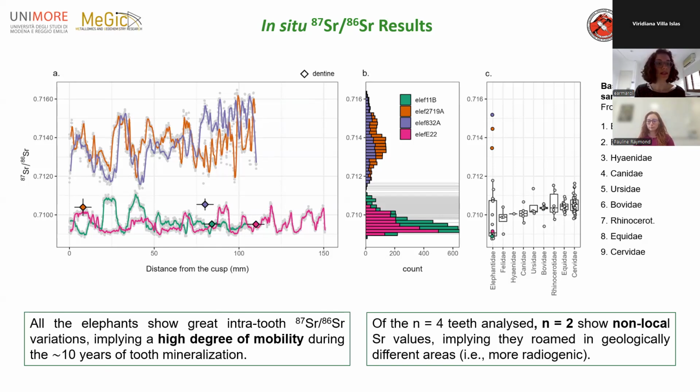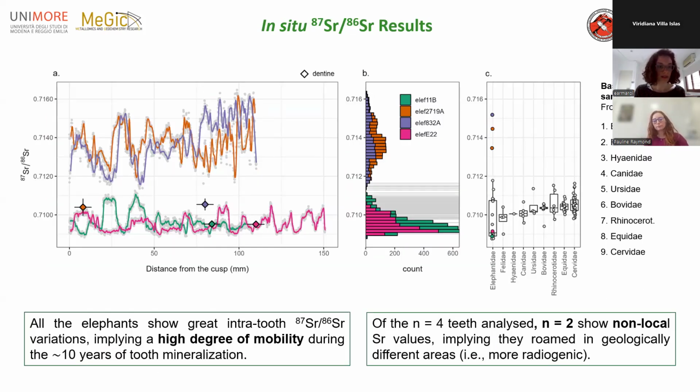But overall, all the elephants display a high degree of mobility, as you see from the very variable profiles. But the most interesting thing is that these two couples of elephants seem to not have roamed in the same geological area for the 8 to 10 years represented by the teeth.